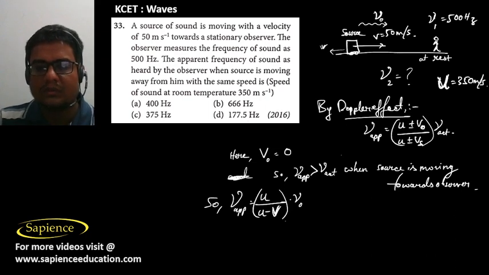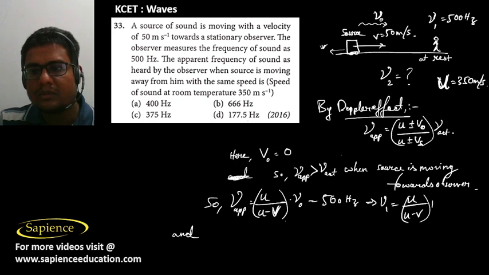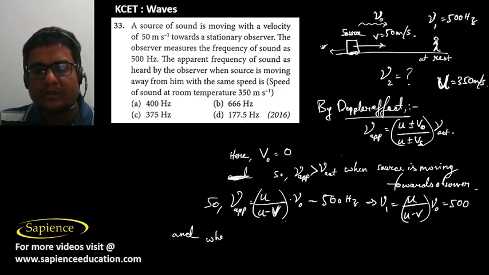That is given as 500 Hz, and then we have to find the apparent frequency nu 2. So nu 1, u by u minus v into nu naught, is equal to 500.